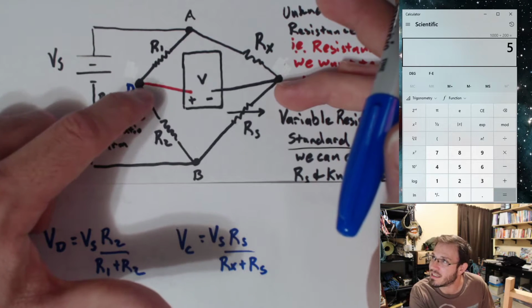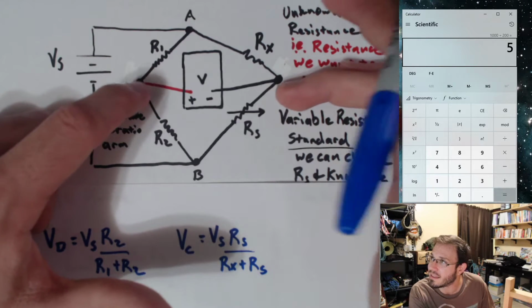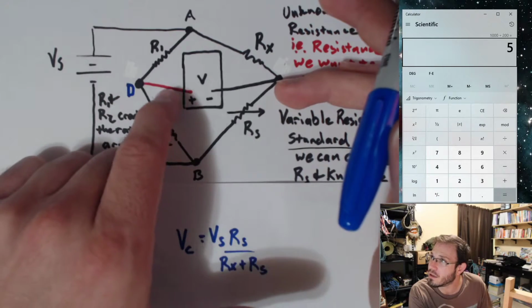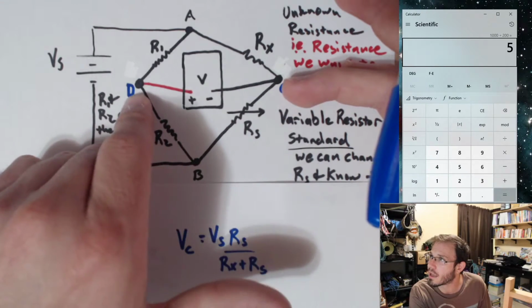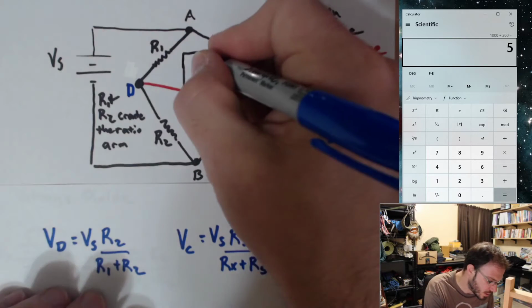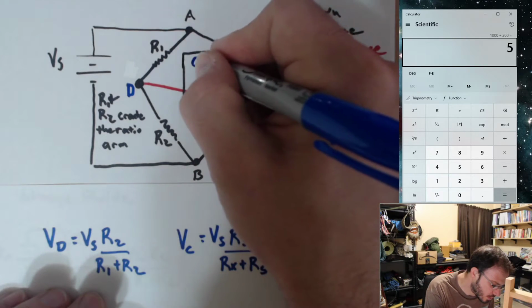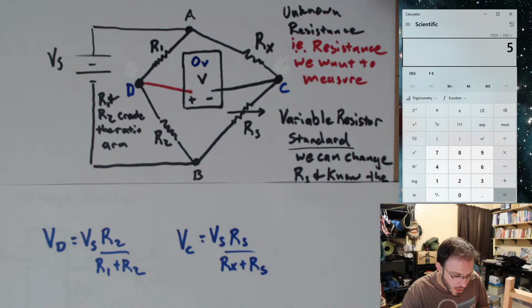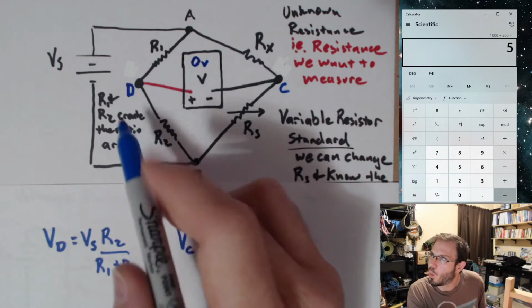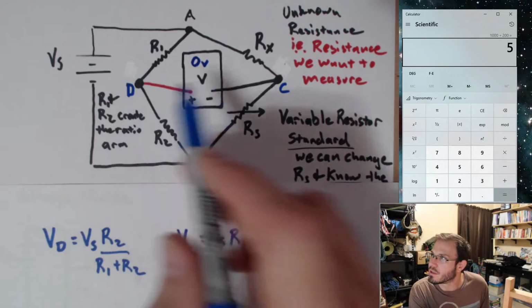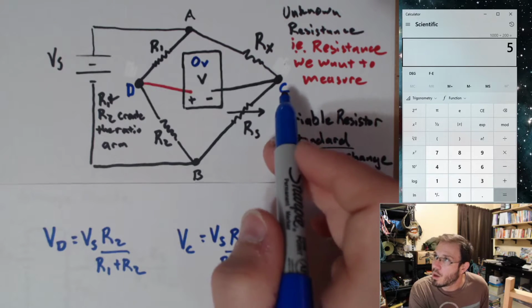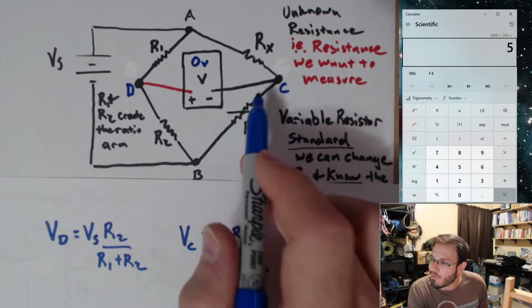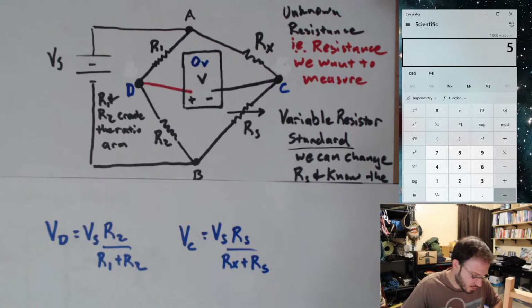As long as they have the same voltage at these 2 points, we get a 0 volt drop across this bridge. When that happens, when V sub D equals V sub C, we say that we have a balanced bridge.